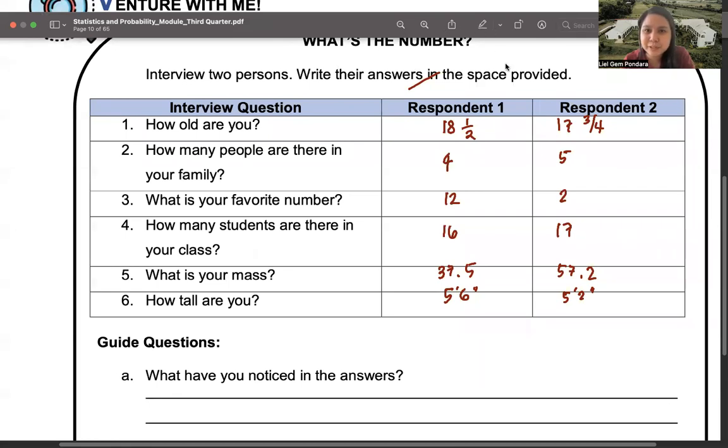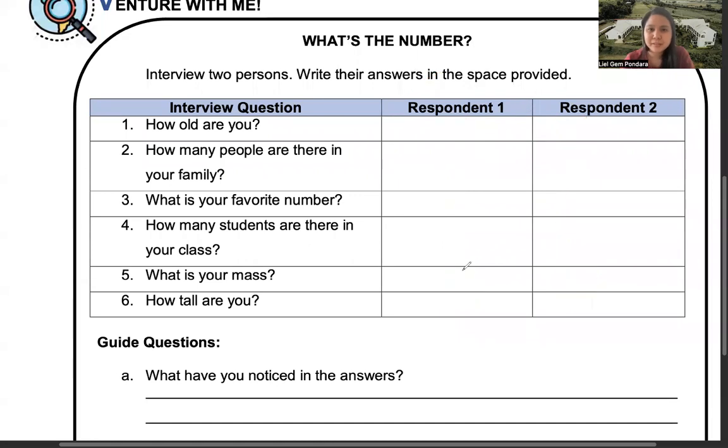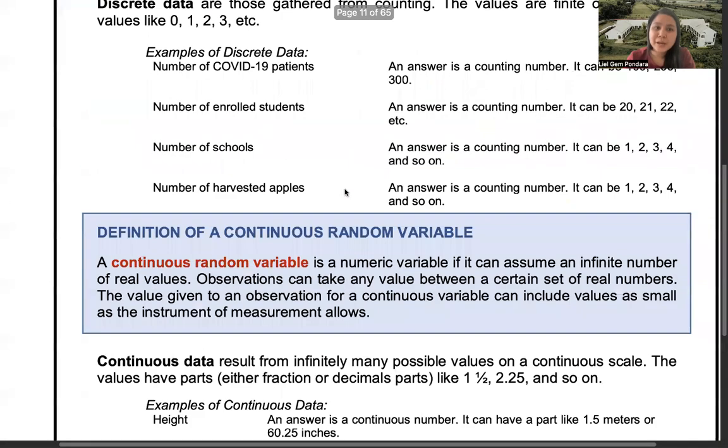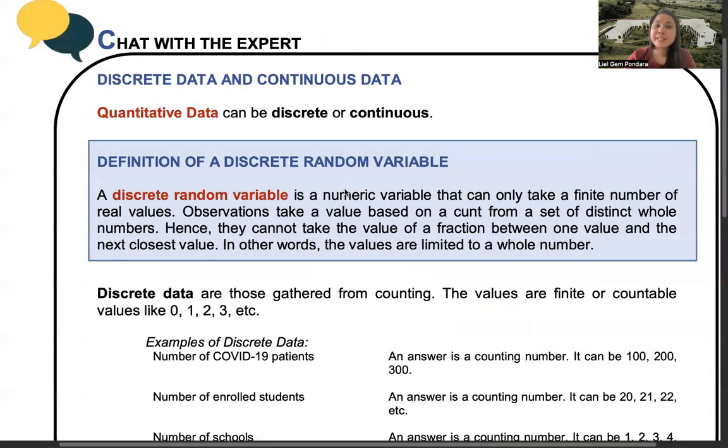Now, why did I show you this one? Let me first clear my drawings. It's because it has something to do with our lesson. Numbers can be discrete or continuous. We've talked about quantitative data, all about numbers, and these numbers can be discrete or continuous. What do you mean by discrete?